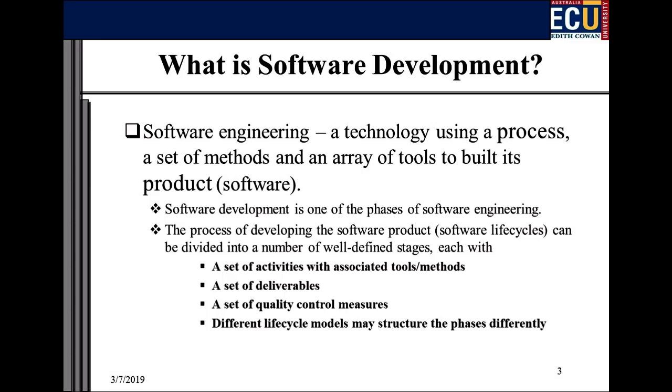Doesn't seem quite right. So software engineering is a process. And it's the process of using technology, using the methods, which are the process actually, and the tools to do with that process to build the product. And the product is software. You're not surprised to hear this. And the actual development of the software is one of the phases in software engineering, as it says, right?